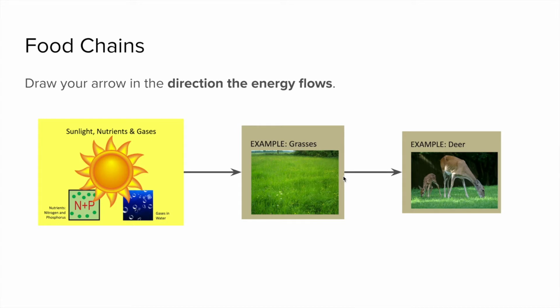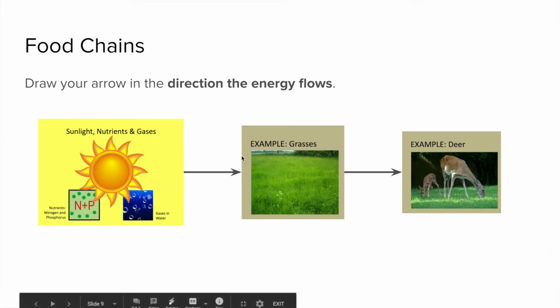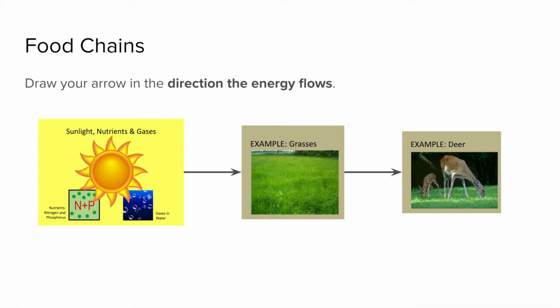It's going to point from the grass to the deer because the energy is flowing from the grass into the body of the deer when the deer eats the grass. But an easier way to remember that is the direction that the energy flows. You can also think of this arrow as a little spoon. So this grass is feeding the deer and the sun is feeding the grass. This is a really, really simple food chain.